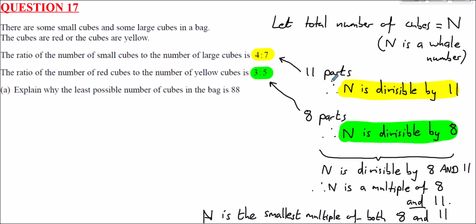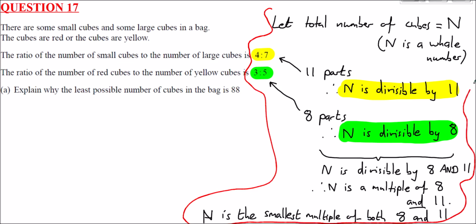So all this is just sort of extra understanding work. The final answer for the 1 mark, this is where the answer comes from, if you like, which you don't need to dwell on too much, it's only 1 mark, but I'd like you to understand it rather than just write it down. The smallest multiple of 8 and 11 is the lowest common multiple of 8 and 11, which is 88.